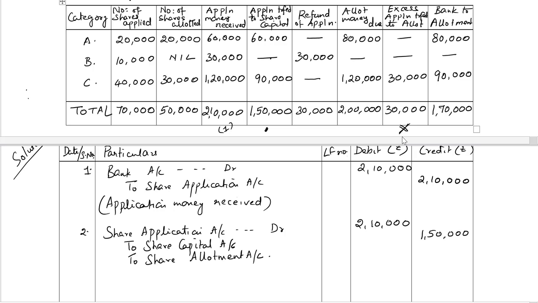So this is the amount, 30,000 rupees, and to bank account for the amount which has been refunded. It is the answer for column number 6, 30,000 rupees.